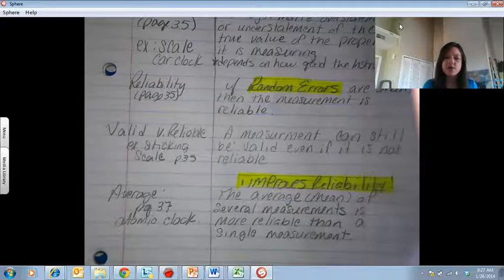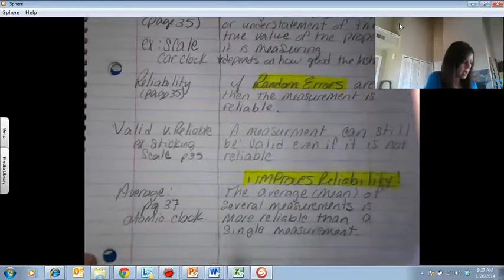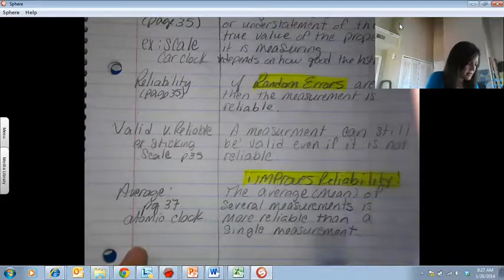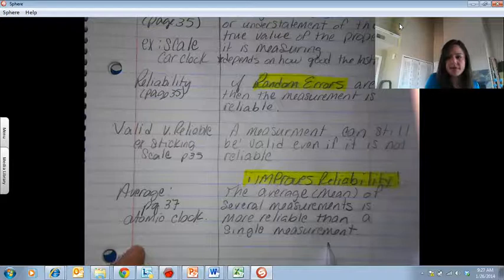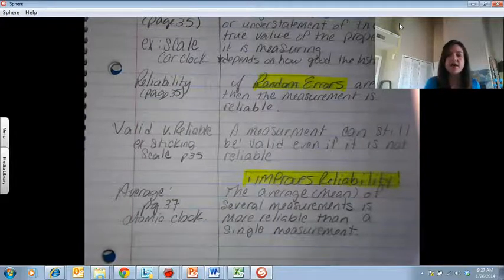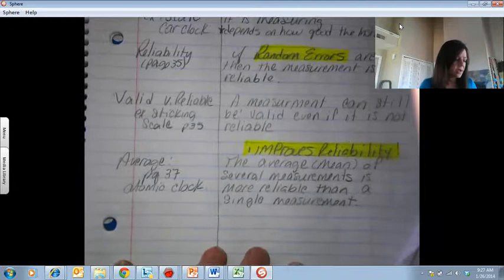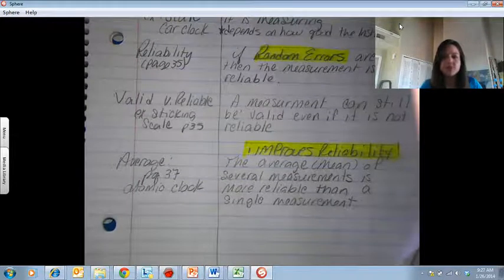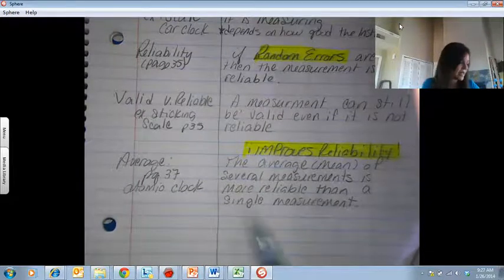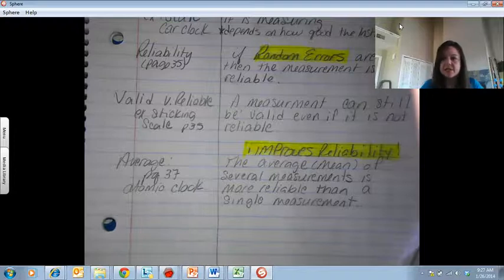The reason the book uses that example is that the average of several measurements is more reliable than a single measurement. So their clock is going to be more reliable because they take the average, or the mean, of all of these other clocks. That's always a way that you can improve reliability. You can read about that on page 37, the atomic clock.